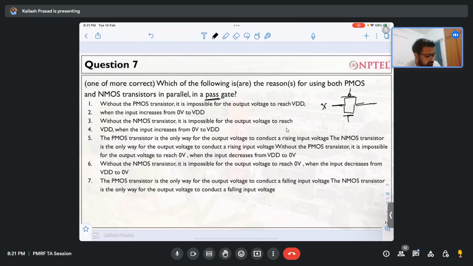If this is X, here it is Y, what is the reason to have both of them in parallel? This I think we have already discussed in one of the questions. You can quickly tell me the answer.